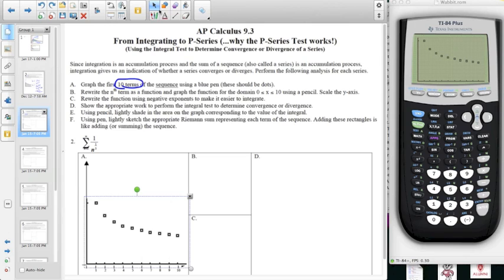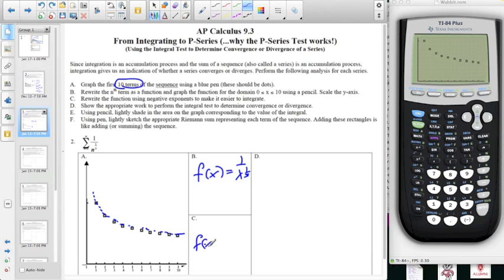And so if we go through again and take a look at this being a function, so we're talking about 1 over x to the 1/3, and performing the integral test on this as if it were a continuous function, then that would just be integrating x to the minus 1/3.